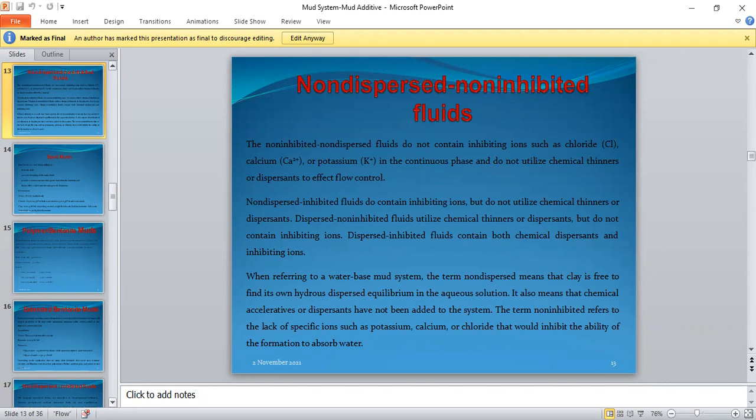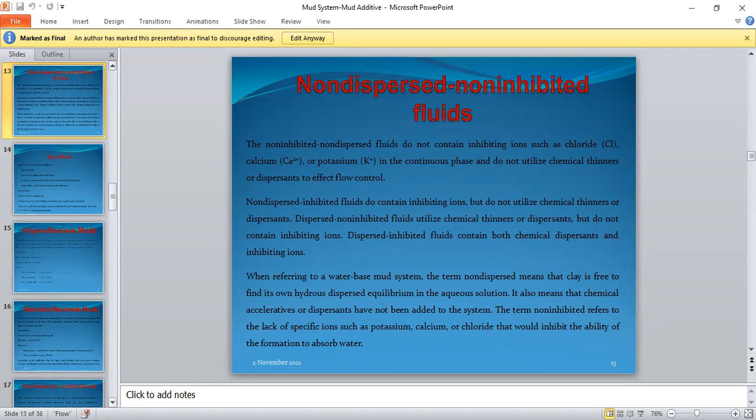Dispersed inhibited fluid systems utilize chemical thinners or dispersants. You see things like the lignite in this particular area, but do not contain inhibiting ion. Dispersed, inhibited. Now, when we talk about dispersed, it means they have thinners or dispersants.